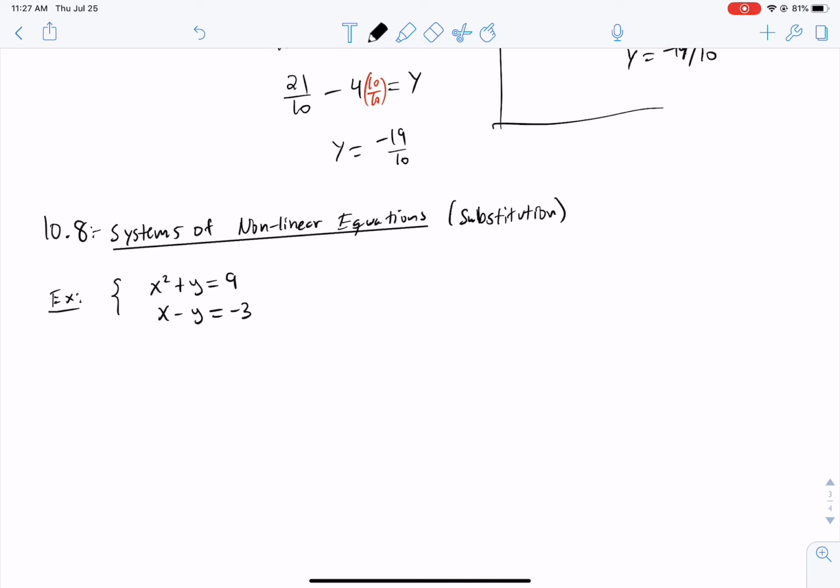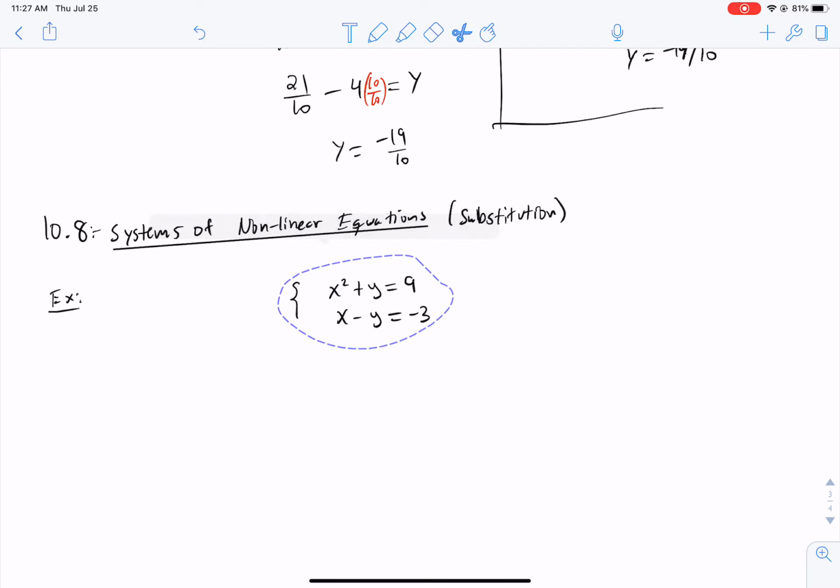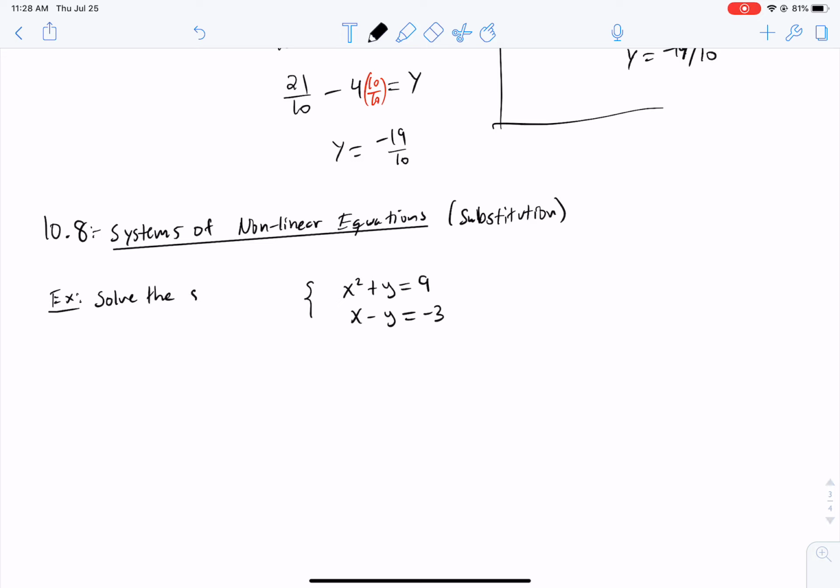And in here, I'm going to say solve the system of equations. And in this case, this is a nonlinear system because of that.